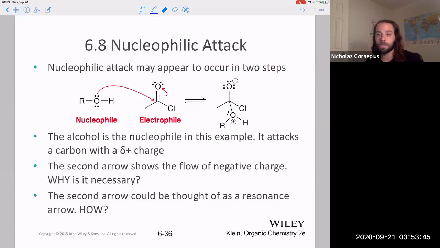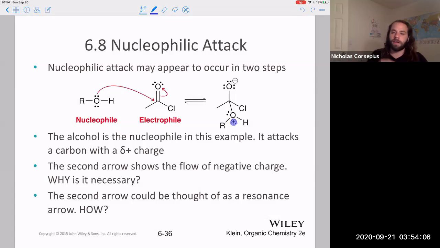Notice how charges are being kept track of. You have a neutral nucleophile attacking an electrophile. That means it's going to end up having a positive charge. It's lent its pair of electrons. Likewise, when this pair of electrons jumps up here, you get a negative charge on that oxygen.